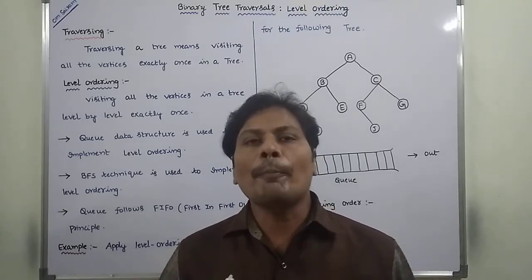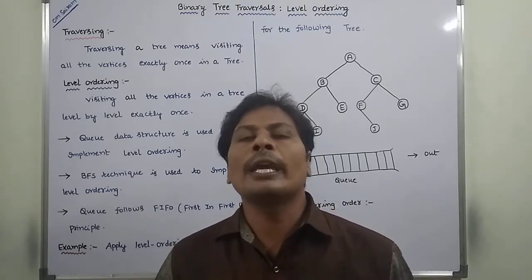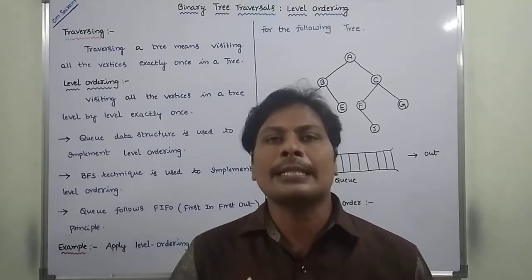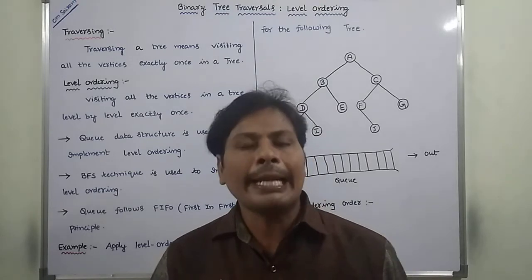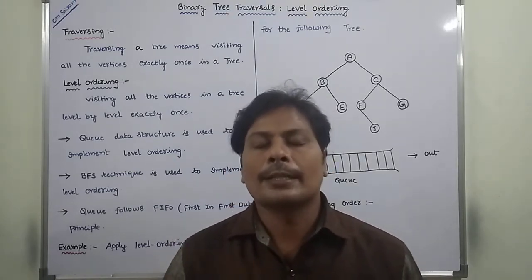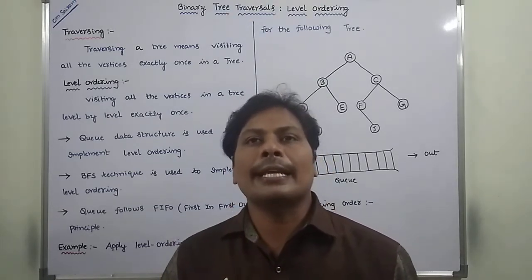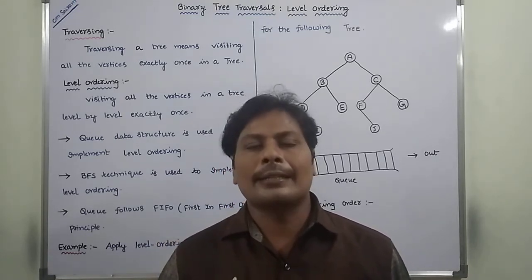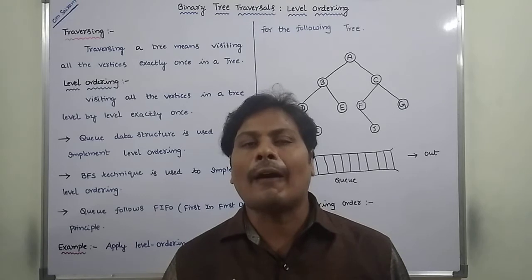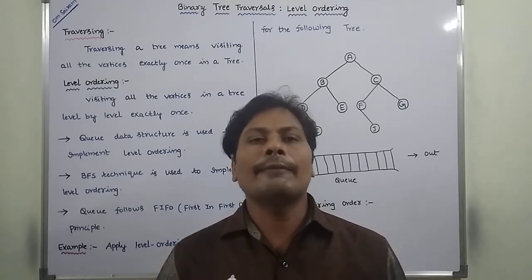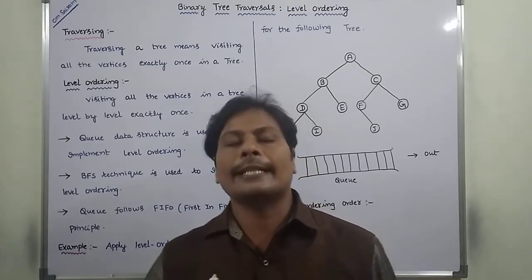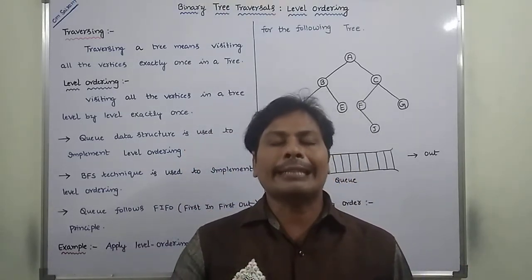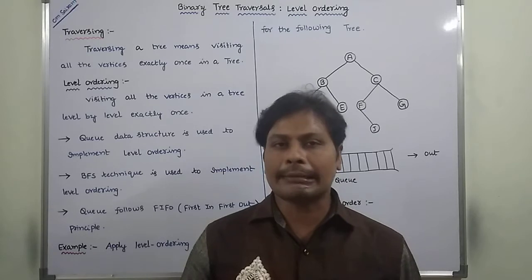From the computational point of view, we use only 3 combinations in binary tree traversal techniques. First one is DLR, that means pre-order. Second one is LDR, that is in-order. Third one is LRD, that is post-order. These are the 3 traversal techniques used in trees.